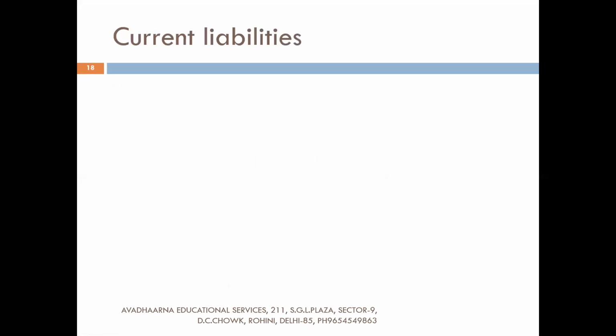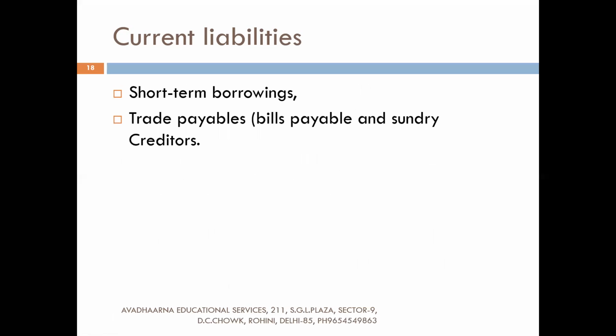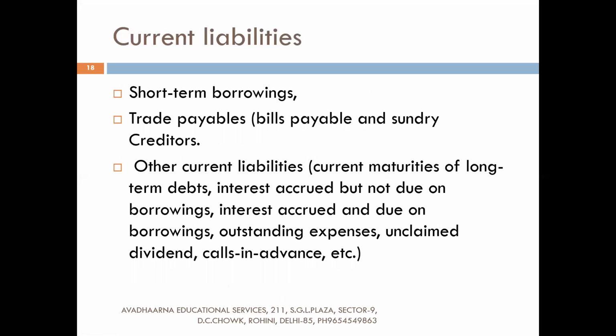Fine. Now, current liabilities to be included for calculating current ratio are short-term borrowings, trade payable. Trade payable means your bill payable and sundry creditors. Other current liabilities, we have already prepared this list of other current liabilities to be included in current liability while calculating current ratio.